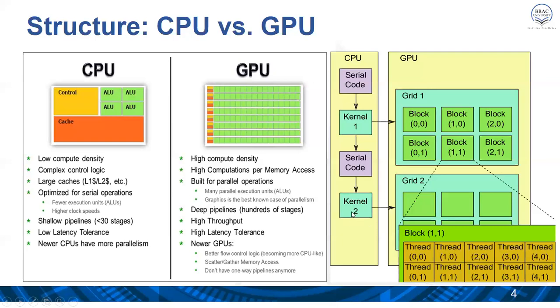In a similar way, the kernel will pass the instructions of the serial code to grid 2, and grid 2 will also distribute the instructions among its threads.